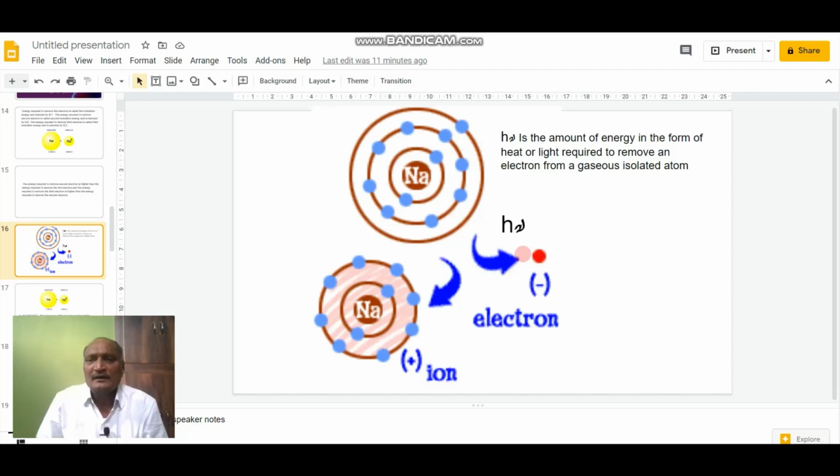An electron is removed completely from the neutral atom, and the neutral atom is converted into a cation. Here, after the removal of one electron from a sodium atom, the atom is converted into a sodium cation. So whatever amount of energy we supply is called a quantum of energy.